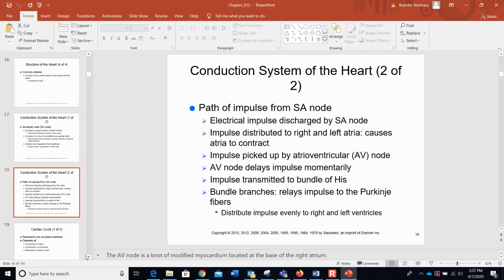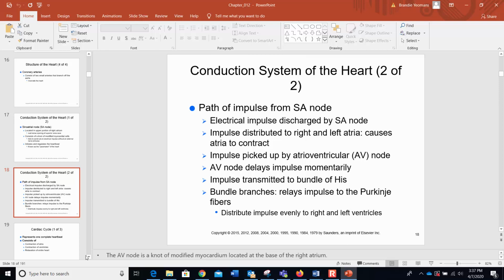So the path of impulse from the SA node: the actual electrical impulse is discharged from the SA node. The impulse is distributed to the right and left atria, which causes the atria to contract. What part of the blood pressure are we talking about when the heart contracts? That's the systole. All right, so then the impulse is picked up by the atrioventricular node, or the AV node.